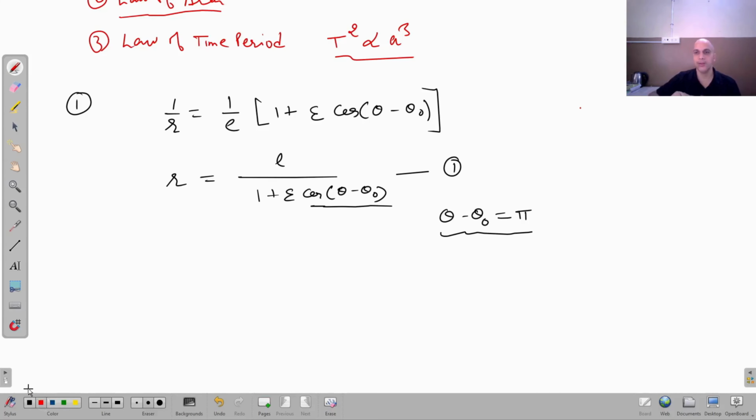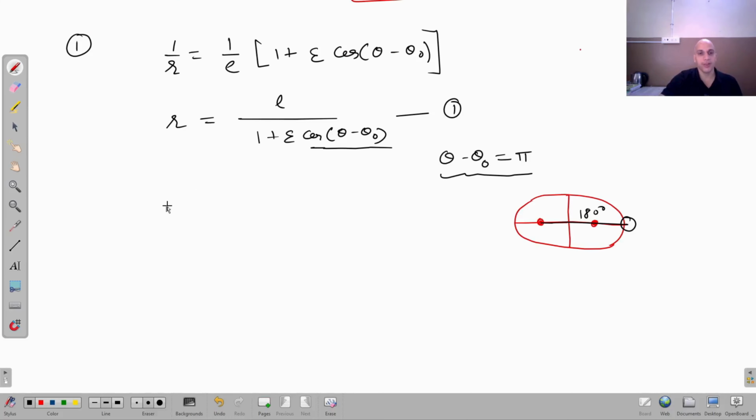Let me draw the elliptical path. This is the elliptical path, for understanding. This is one focus, this is another, and if the planet is at this point, then the angle will be equal to 180 degrees, pi, and r is r maximum.